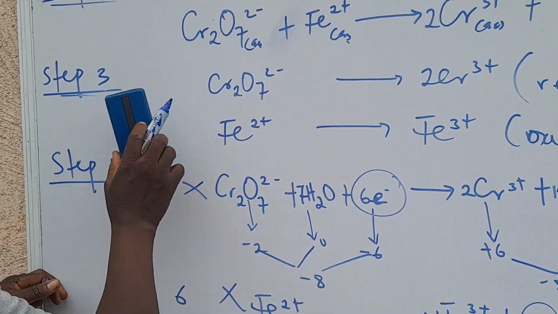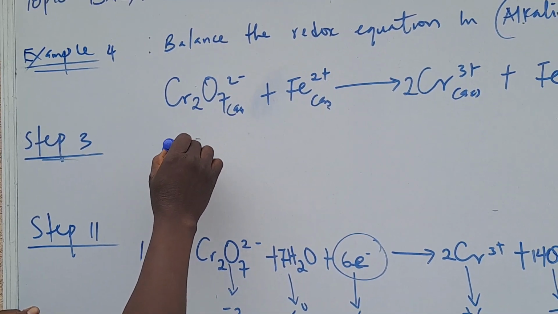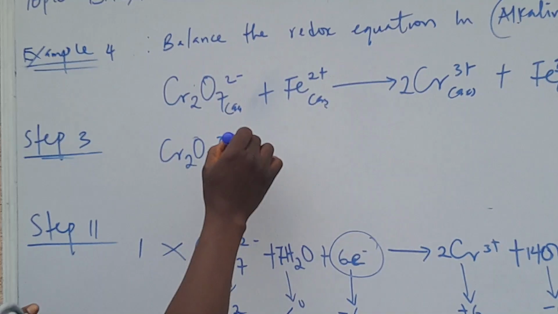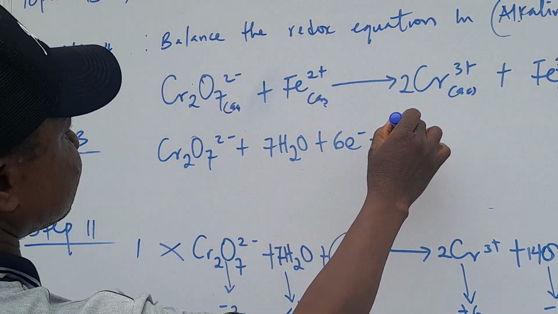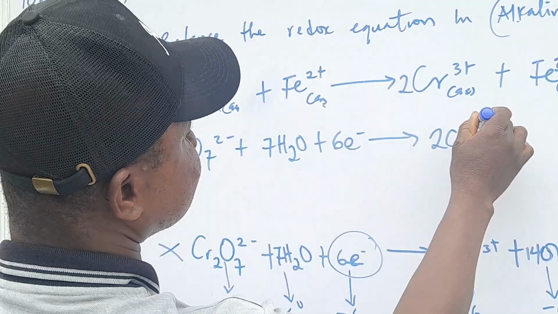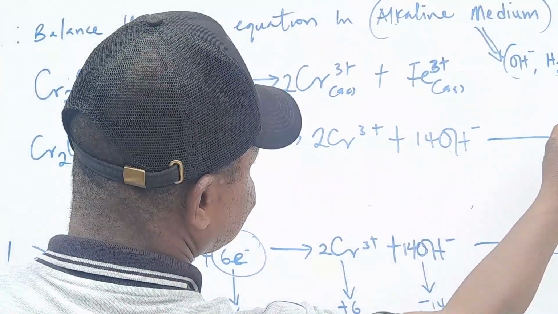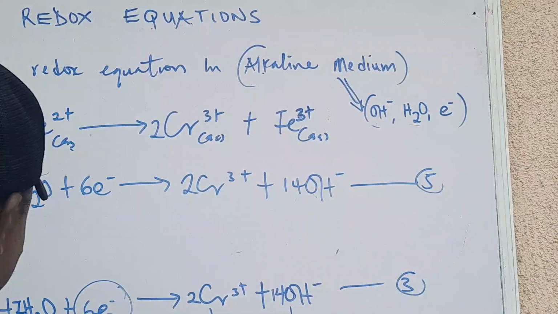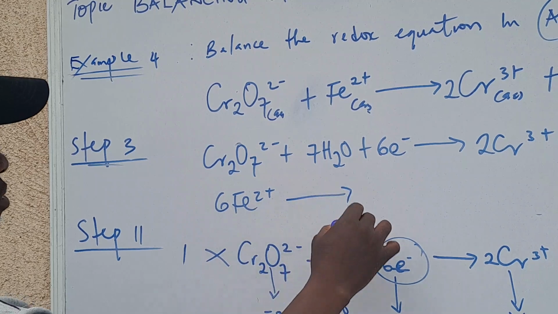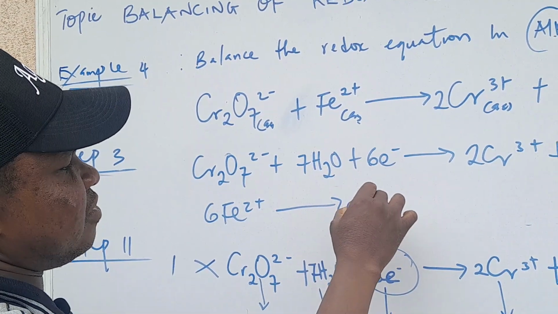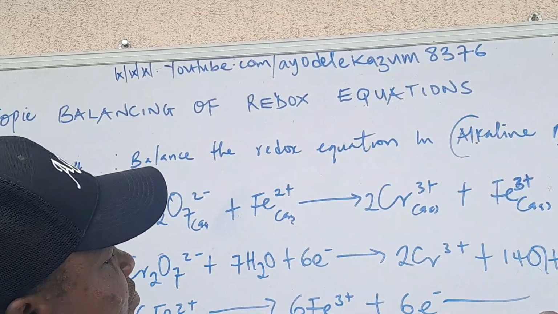So quickly by 1, we have Cl2O7 2- plus 7H2O plus 6e- going to 2Cl3+ plus 14OH-, equation 5, and 6Fe2+ going into 6Fe3+ plus 6e-, equation 6.